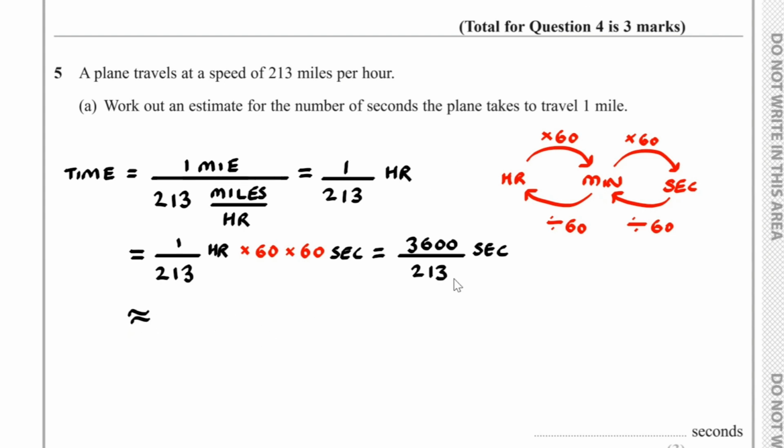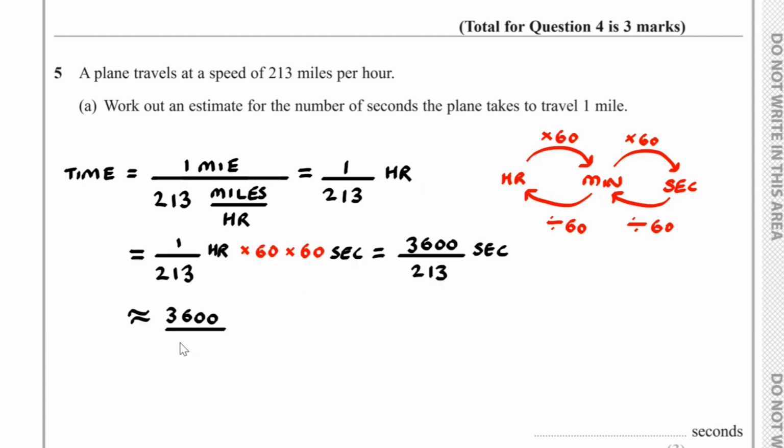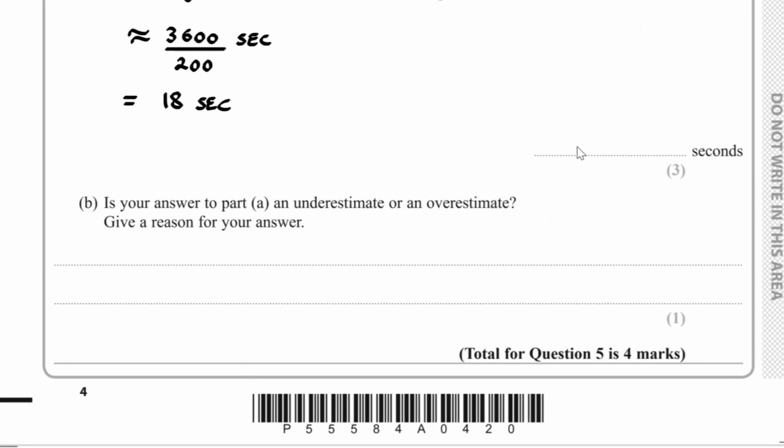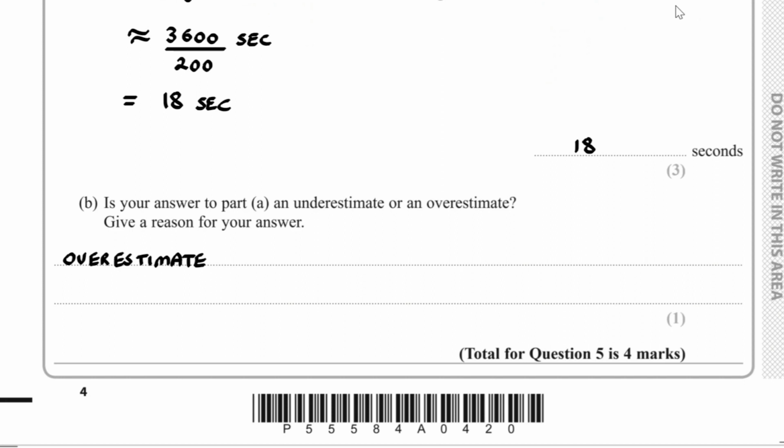And so what this is approximately equal to is 3,600 over 200 seconds, which is 18 seconds. So it takes approximately 18 seconds. And then for part B, is the answer to part A an underestimate or an overestimate? Well, because we have rounded the 213 down to 200, it would then be an overestimate.